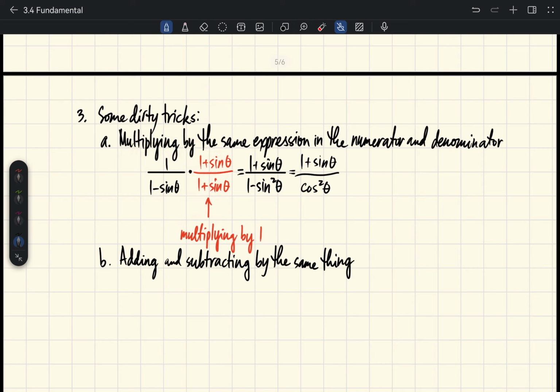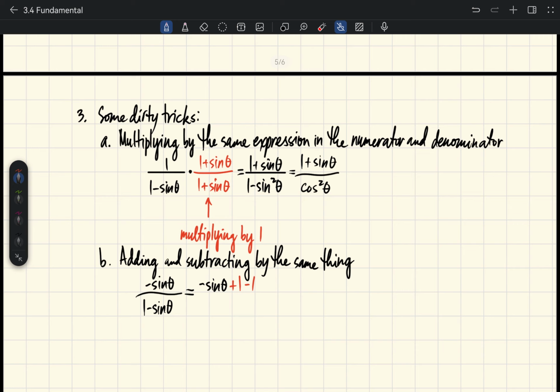Let me just change this one. Let's say I want to rewrite negative sine theta all over 1 minus sine theta. One good trick that we can do here is add and subtract by 1. So we can add 1 and subtract by 1.